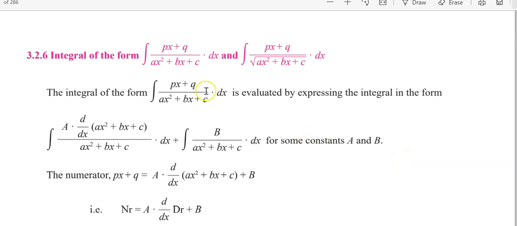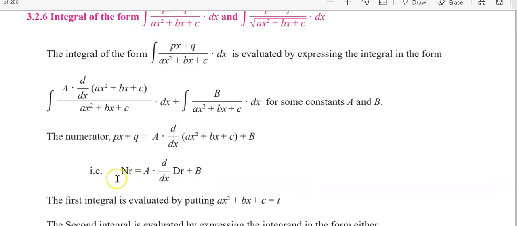That is, we express the numerator px plus q as A into the derivative of the denominator plus B. In short, the numerator is equal to A into the derivative of the denominator plus B.